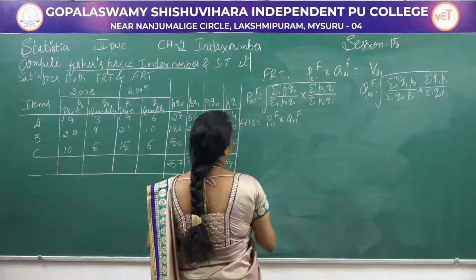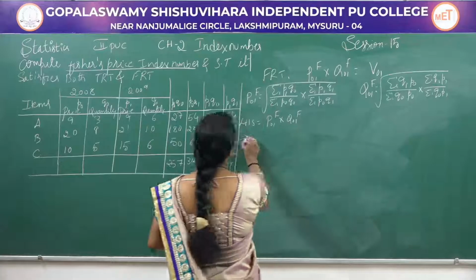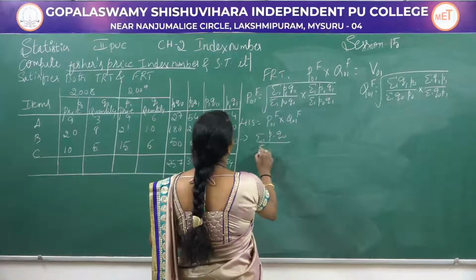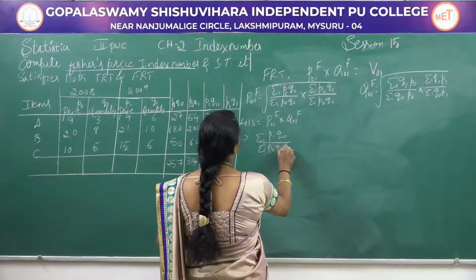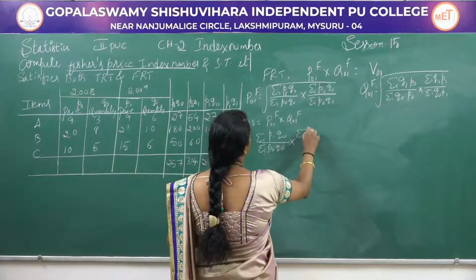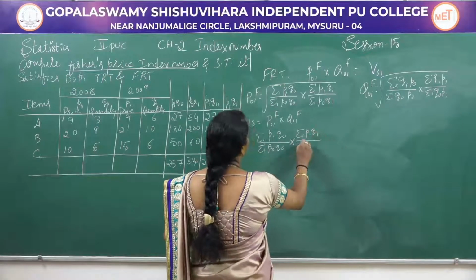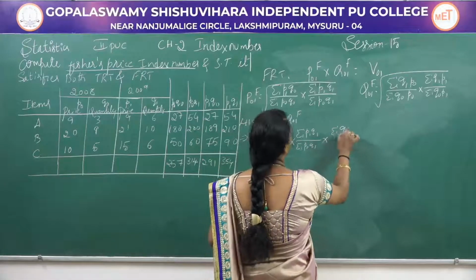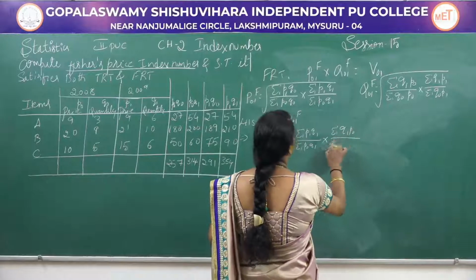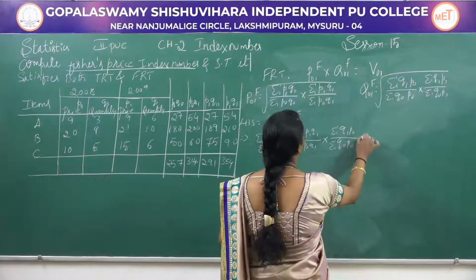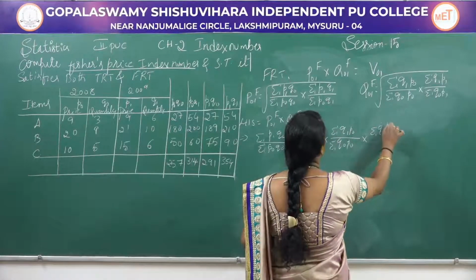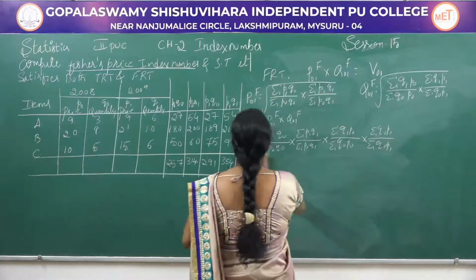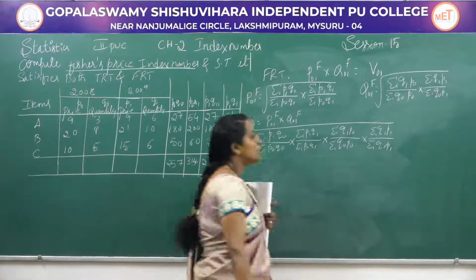I am taking the product of this. So this is summation of P1 Q0 by summation of P0 Q0 into summation of P1 Q1, summation of P0 Q1 into summation of Q1 P0 by summation of Q0 P0 into summation of Q1 P1 by summation of Q0 P1, the whole square root.